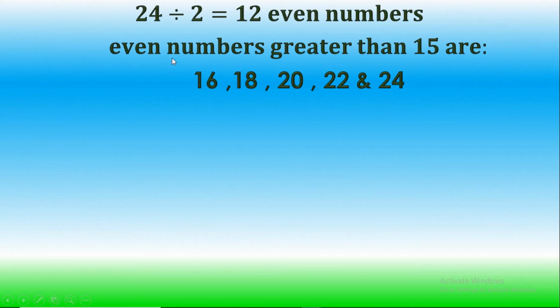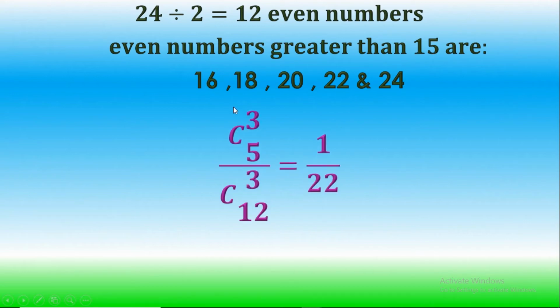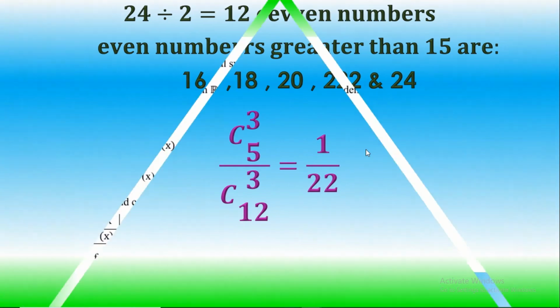The even numbers that are greater than 15 are 16, 18, 20, 22, and 24. So there are 5 even numbers greater than 15. What's the probability of choosing the 3 balls from these 5 numbers out of the 12? Isn't it combination 3 from 5 over combination 3 from 12? So it's 1 over 22.